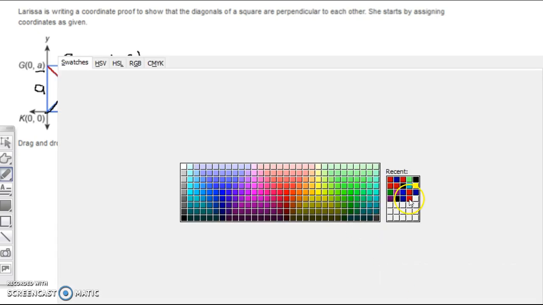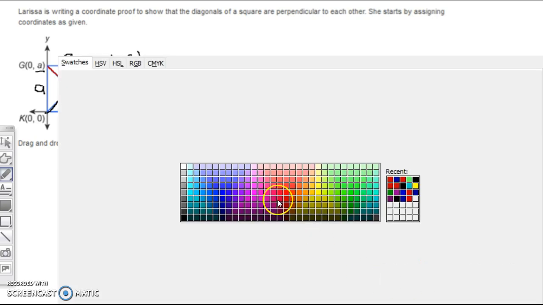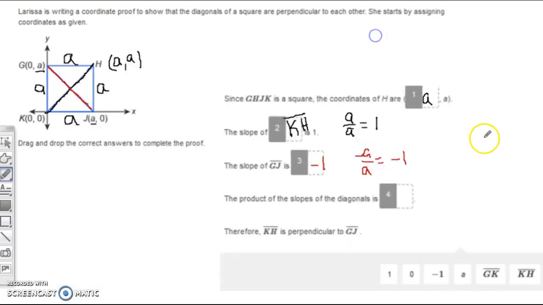And then if we go back down and find the slope for the red one, we're rising down A units, so negative A, and then over A. That would reduce to negative 1. Then the product of the slopes of the diagonals is, if you multiply 1 times negative 1, you get negative 1. Therefore, they are perpendicular.